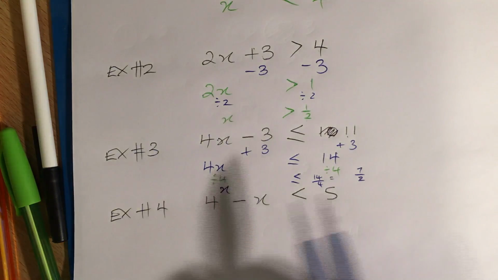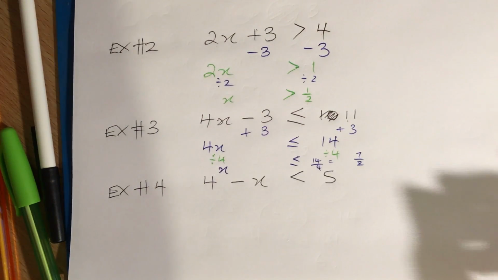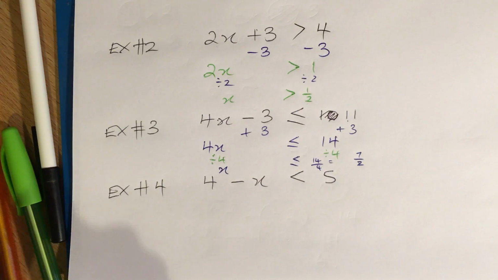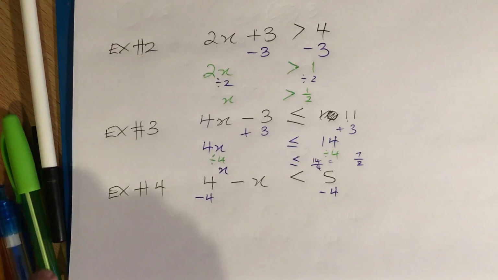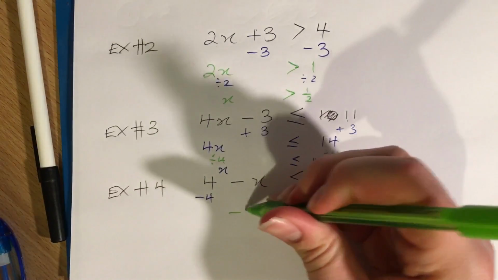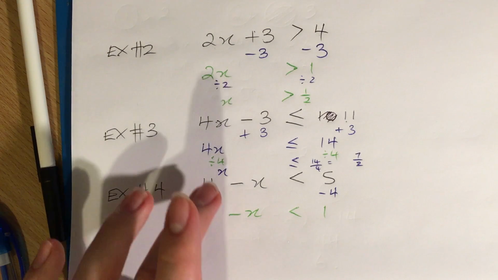The last one here, you'll notice I've got 4 take away x is less than 5. This is going to be a weird one, and we'll show why. I'm going to take away 4, and this will become negative x is less than 1. Well, that one makes sense.